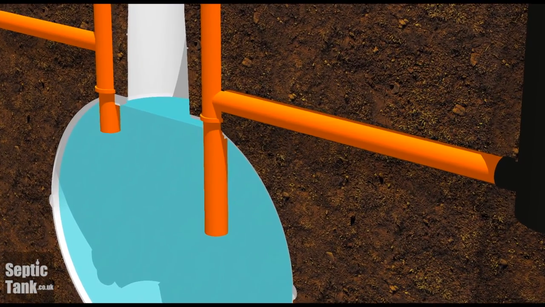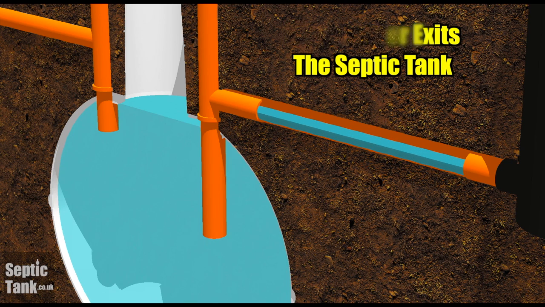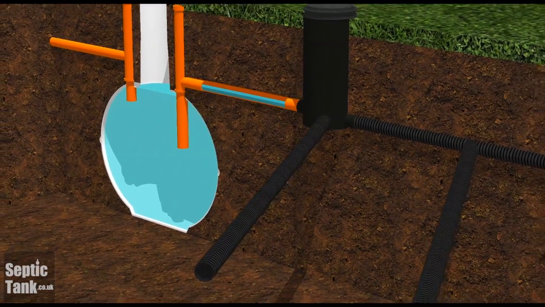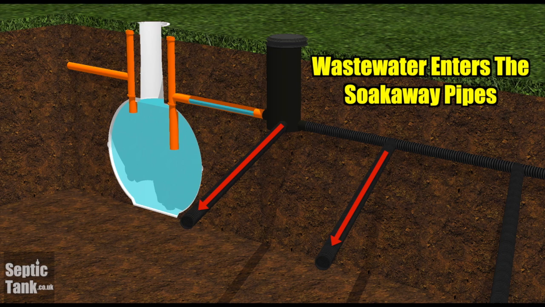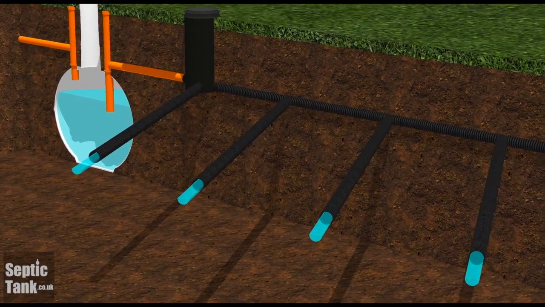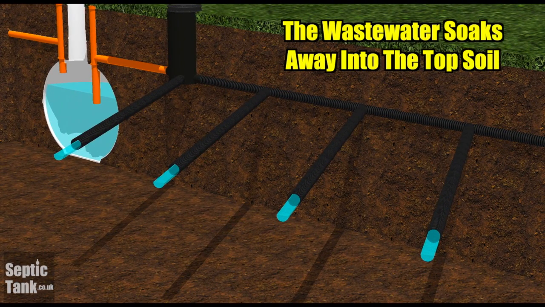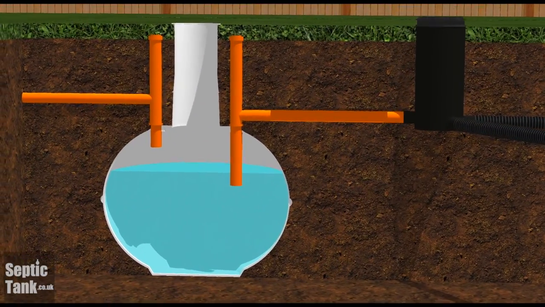The wastewater then exits via the outlet pipe from the septic tank towards the soakaway. And once it reaches the soakaway, the wastewater then enters the soakaway pipes. Once the wastewater enters the soakaway pipes, it then soaks or drains away naturally into the topsoil. That's the basic function of how a septic tank and soakaway work.